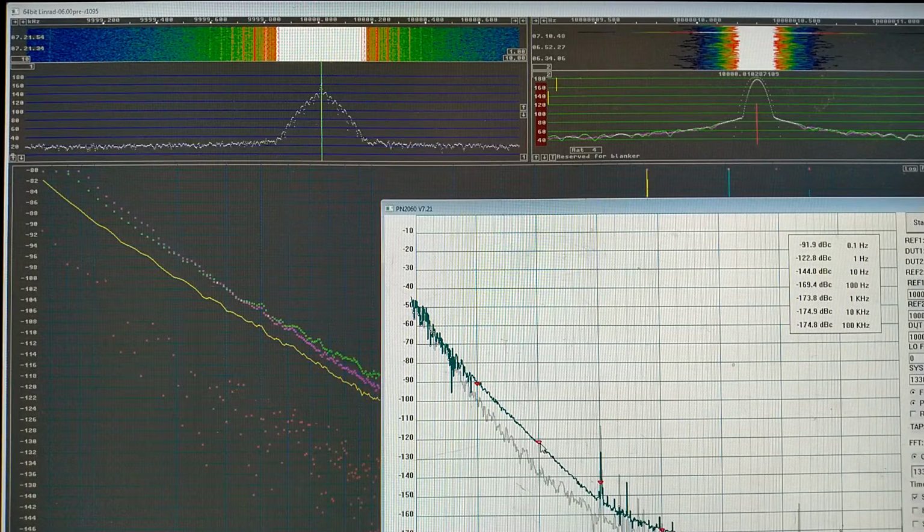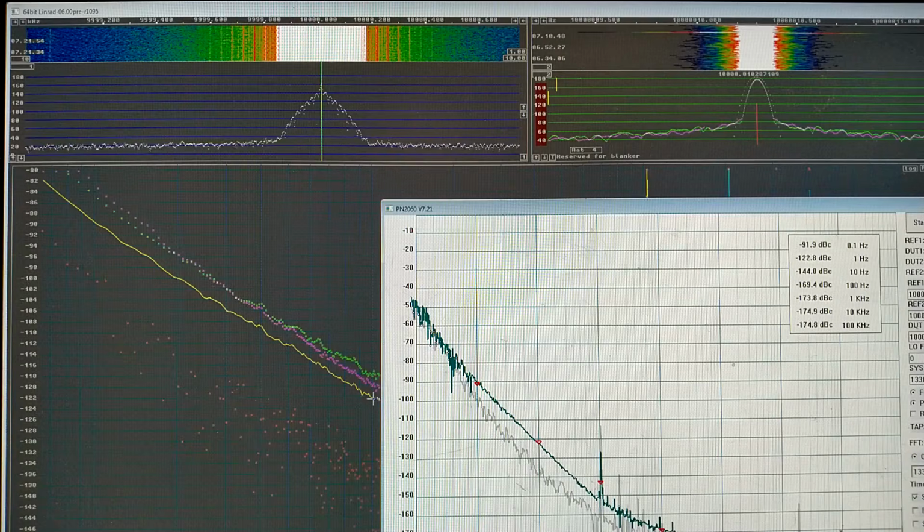I think I saw minus 123.0 in the PN2060, as well as in Linrad at 1 Hz, which is here. It says minus 122.7 at the moment, but I think I have destroyed it a little bit by being careless when I put the camera in place in front of the computer.